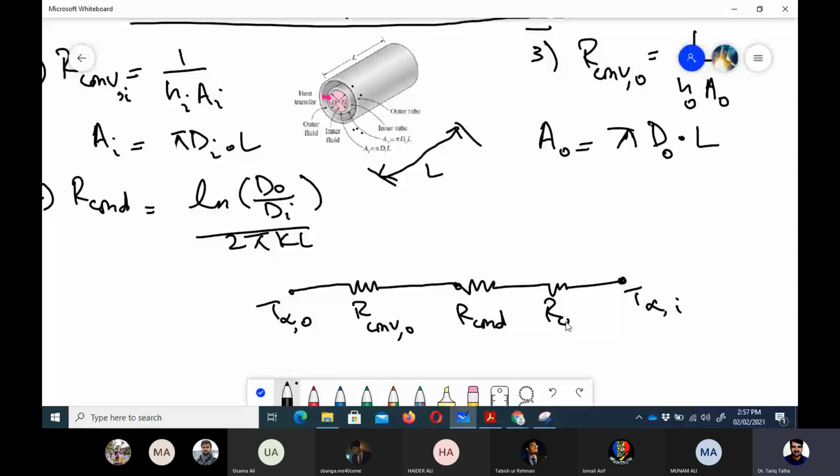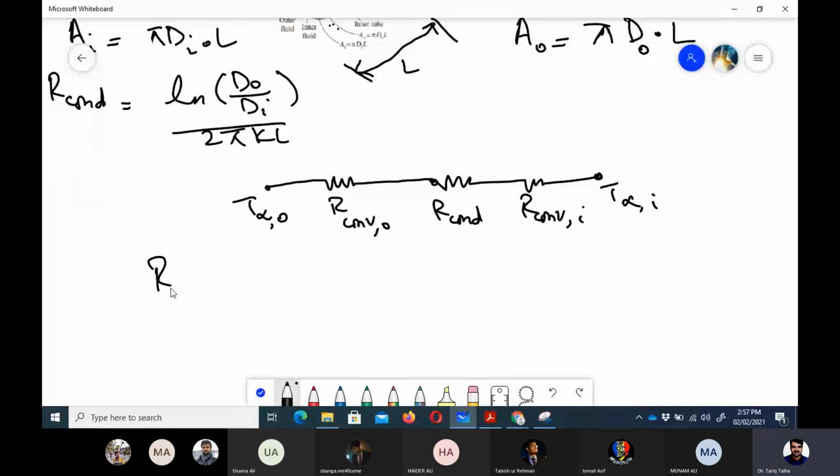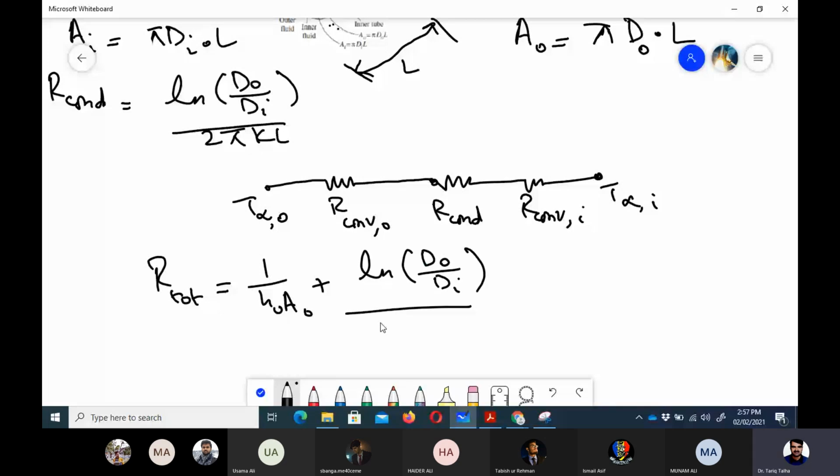If we want to calculate the total resistance, R total is equal to 1 upon h outer A outer, plus natural log of D outer upon D inner divided by 2 pi k L, plus 1 upon h inner into A inner. And we also know that this is equal to 1 upon UA, right?